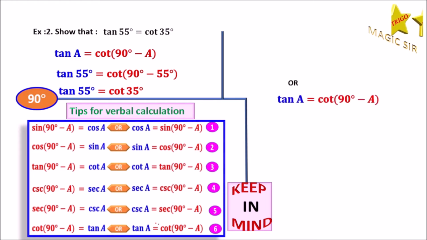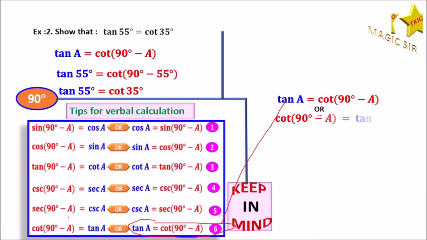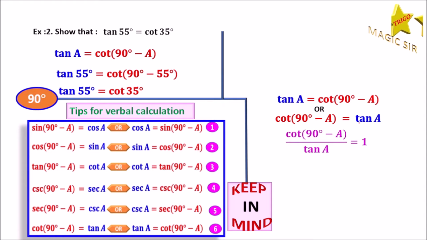Now from the last formula, tan A is equal to cot of 90 degrees minus A, or we can write cot of 90 degrees minus A is equal to tan A. Dividing both sides by tan A, we get cot of 90 degrees minus A upon tan A is equal to tan A upon tan A, which is equal to 1.